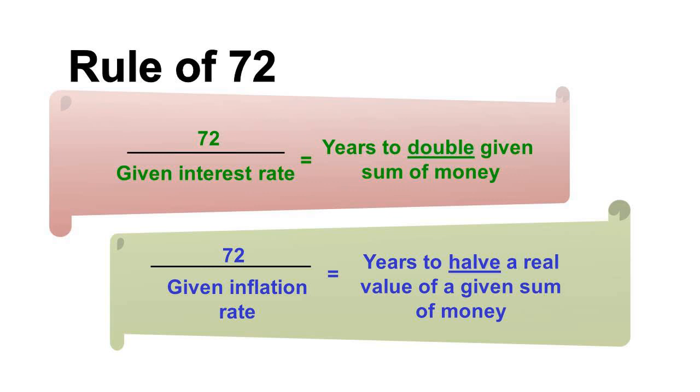That's all. 72 divided by interest rate, you get the number of years, whether to double or become half. Becoming double is normally the house price, car price, and so on. Becoming half is more on the purchasing power, which normally you don't have. You always want to double up the money, not halve it. Okay? You only remember the top one. The bottom one, forget it.